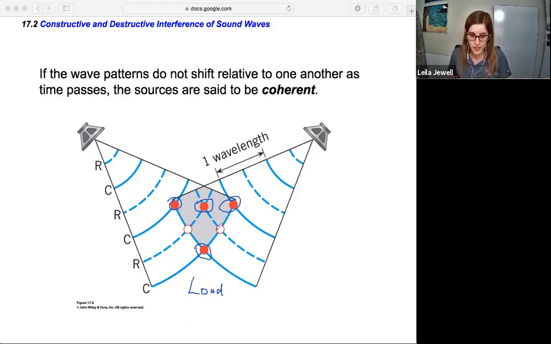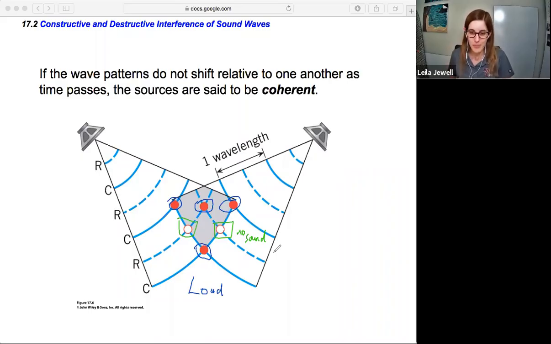And then if you have a condensation meeting a rarefaction, these are going to be the really quiet points where there is no sound directly. It's something that in audio engineering you really care about, trying to avoid having dead spaces where there is no sound.